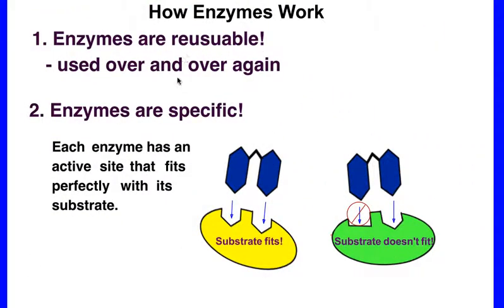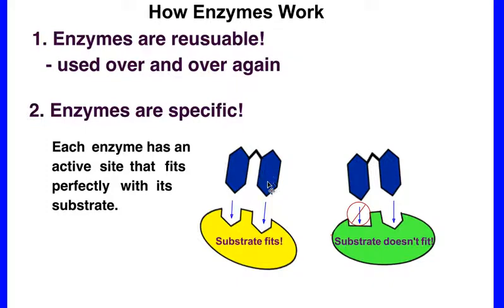Alright, so enzymes are reusable. We can use them over and over again to do the same chemical reactions. They're also very specific. Each enzyme has an active site that will only fit with one type of substrate or one type of reactant. So if you look at the picture, you can see that this specific enzyme fits with the shape of my molecule.